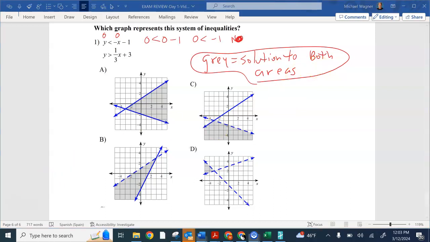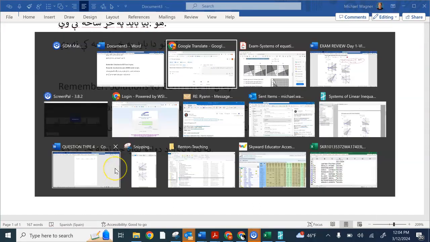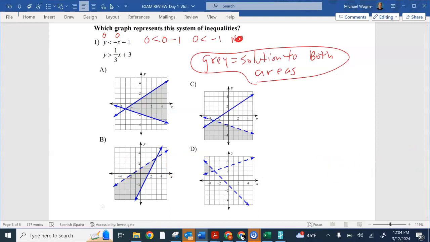Remember, solutions to both are in gray. Go ahead and read that. So that means that 0, 0 is not a solution, so 0, 0 should not be in gray. Here it's in the gray area, but we know it's not a solution.